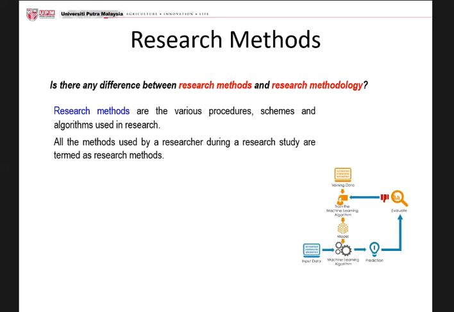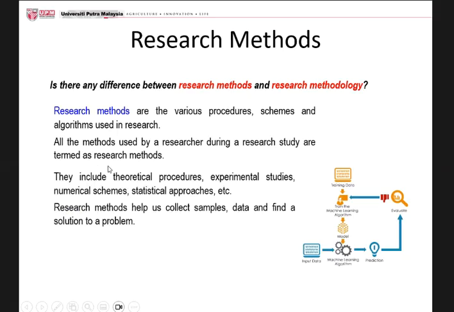Research methods are the various procedures, schemes, and algorithms used in research. All the methods used by a researcher during a research study are termed research methods, including theoretical procedures, experimental studies, numerical schemes, and statistical approaches. Research method helps us collect samples, data, and find a solution to a problem.